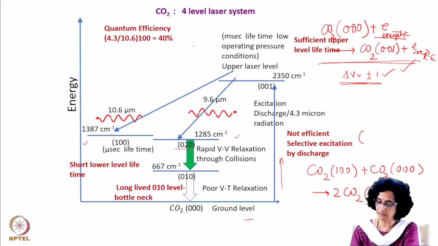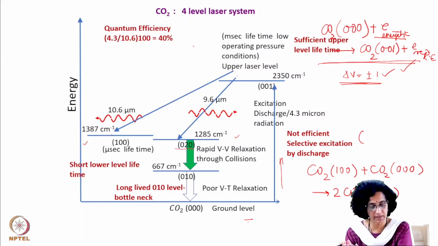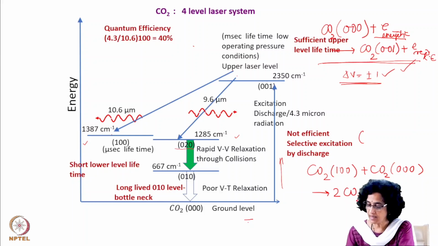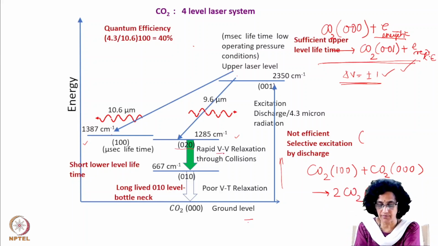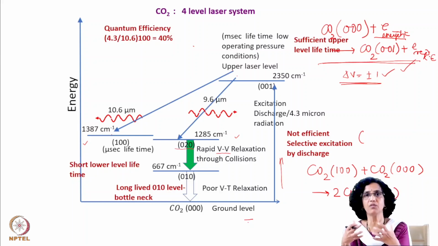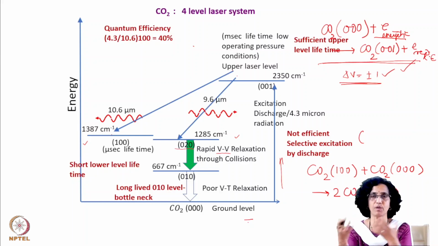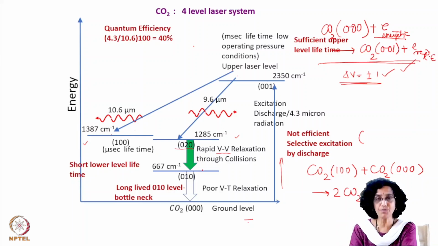Here the difference in the energy is much smaller than kT, the average thermal energy, and therefore these are called resonant vibrational relaxation. It is very rapid. Why? Because it doesn't involve requirement of energy from outside, and therefore this molecule which is in 100 immediately comes down to 010.